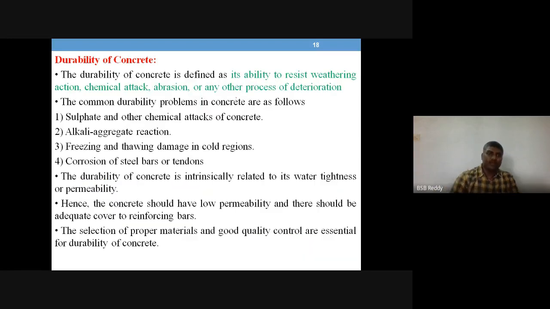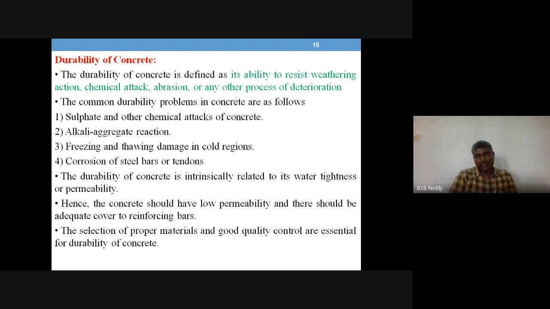Okay, right. Coming to the durability of pre-stressed concrete, what are all the durability aspects that are to be looked into? Okay, so what is meant by durability of concrete? It's the ability to resist. Durable means to have a long life.